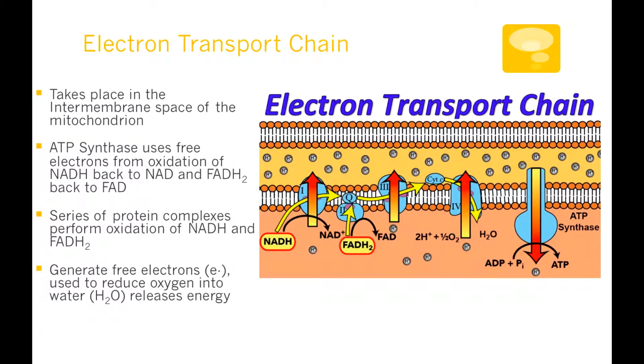the inner membrane proteins oxidize NADH and FADH, and they pump protons, or hydrogen ions, into the intermembrane space. ATP synthase uses free electrons, the protons from the oxidation of NADH back to NAD and FADH2 back to FAD.